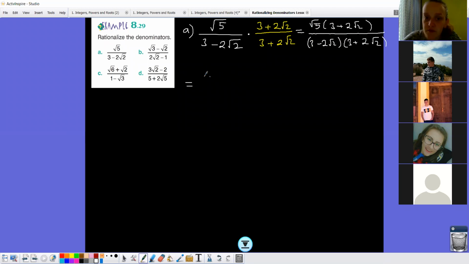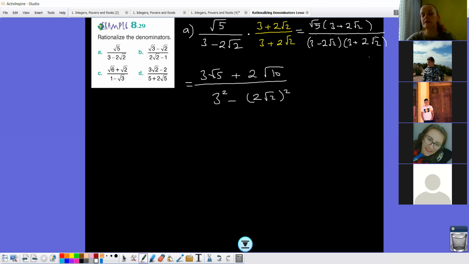Root 5 times 3 will be 3 root 5, plus root 5 times 2 root 2, which will be 2 root 10, yes? Over here, from the identity, I will get 3 squared minus 2 root 2 squared, yes?